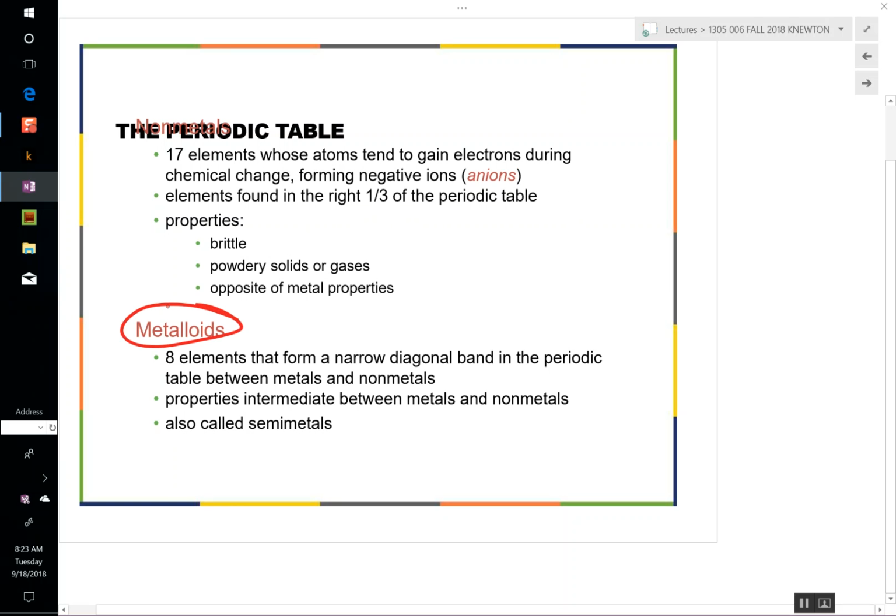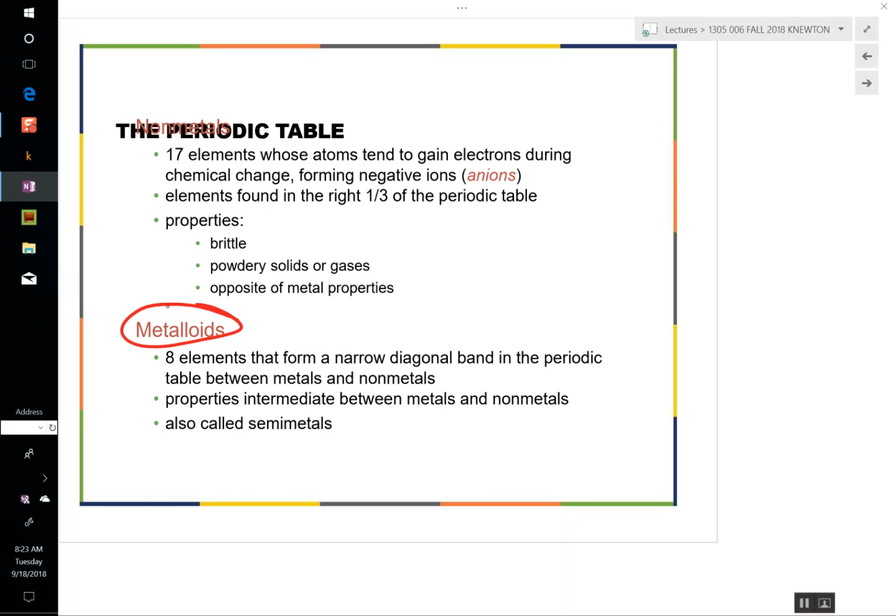And then there's the metalloids. The metalloids are right on the periodic table I gave you, right where that little step down goes diagonally from boron to astatine. Boron to astatine right there are metalloids. What does that mean? If boron reacts with fluorine, it acts like a metal.